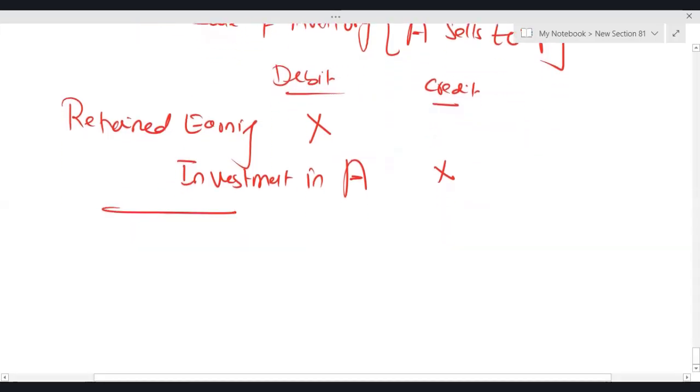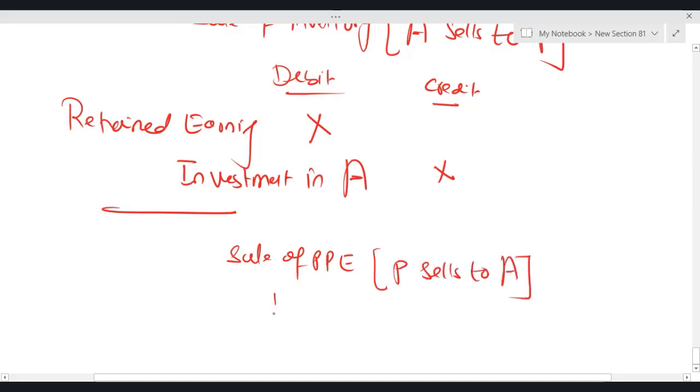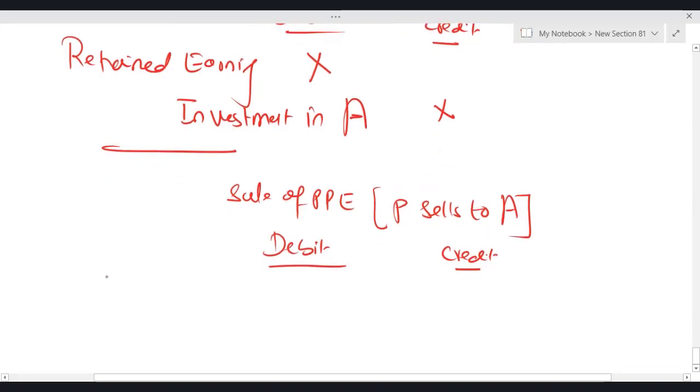Even, let's say, sale of property, plant and equipment. Parent sells to associate, no issue at all. We'll take unrealized profit according to, obviously, parent's holding, and look at this.